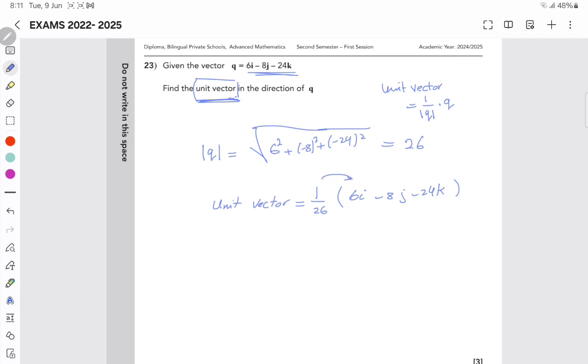So expand that. It's equal 6 times 1 over 26, it will be 3 over 13 i. Minus 8 over 26, it will be 4 over 13 j. 24 over 26, it will be 12 over 13 k. That is the final answer.